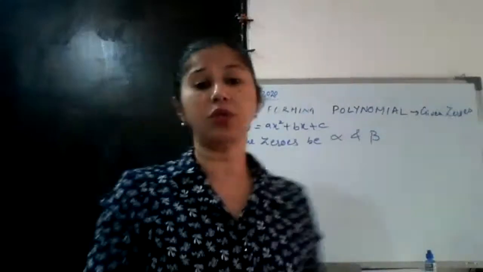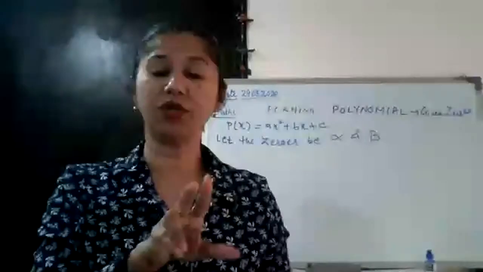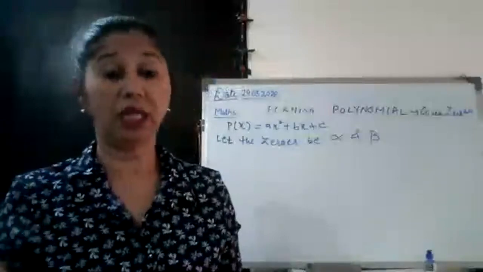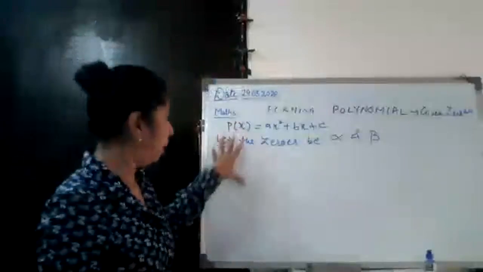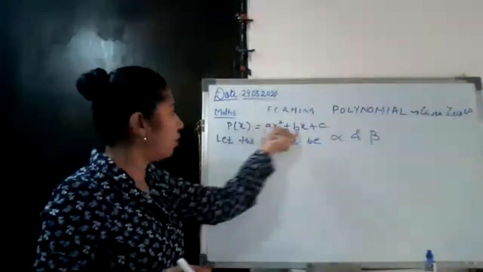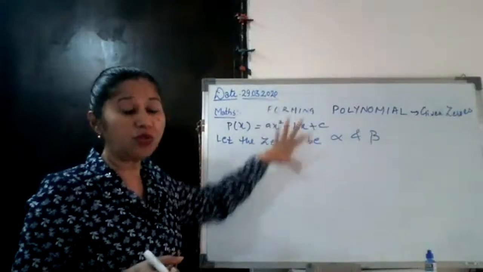One generalization, the quadratic polynomial is ax squared plus bx plus c, and it has two zeros. We call one zero alpha and the other zero beta. So this will be the generalization we take. So if you are given the zeros alpha and beta, what do you call this middle term here? Okay. So how to get the formula?